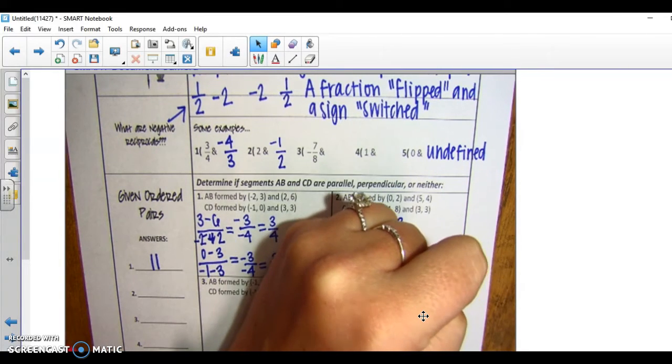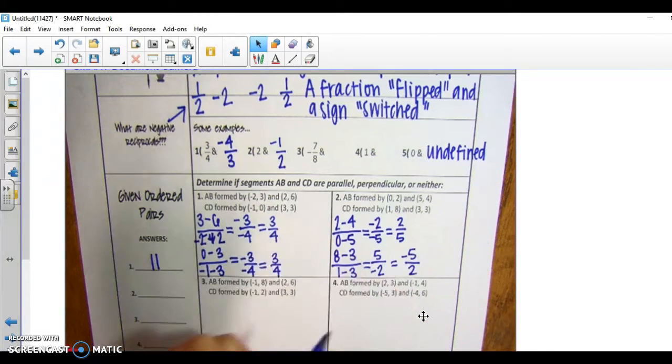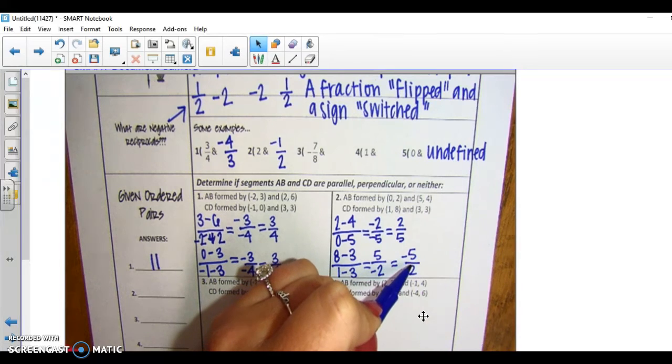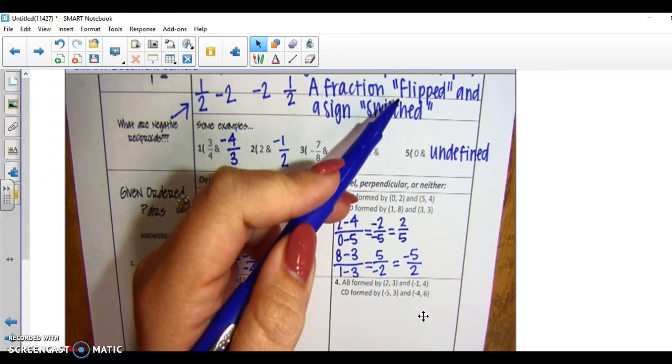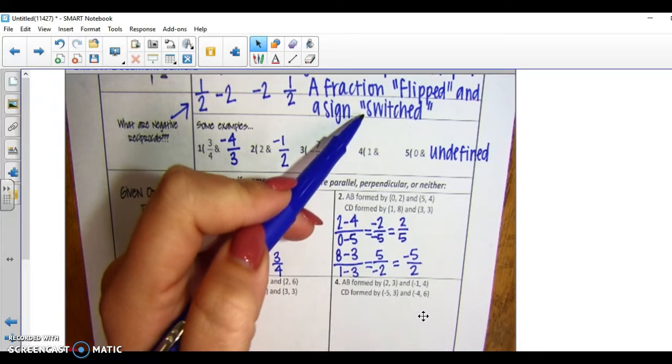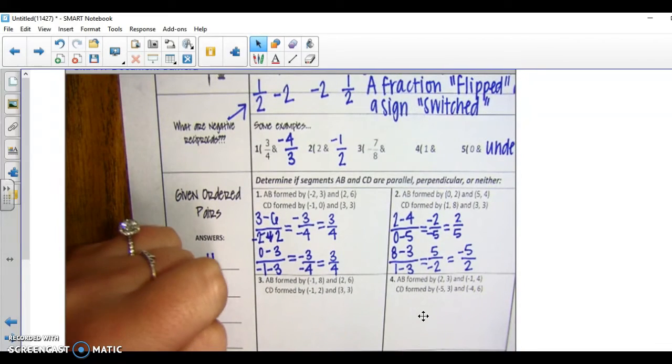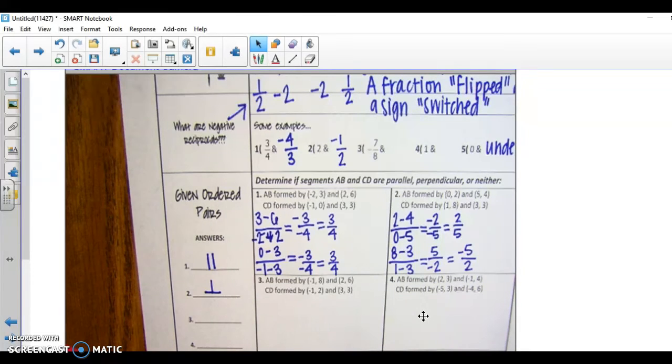Okay, so we can see that the opposite of 2/5 is negative 5 over 2 because we flipped our fraction and we switched our sign. So we're going to come over here and we're going to write the symbol for perpendicular. Okay? So I will let you guys do the other practice at the bottom of the page.